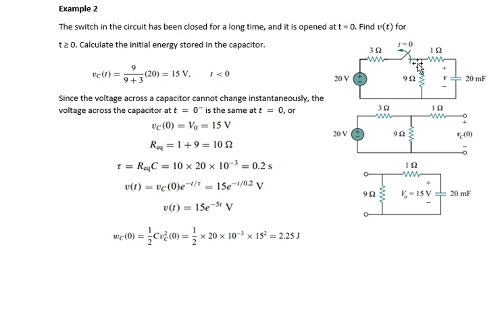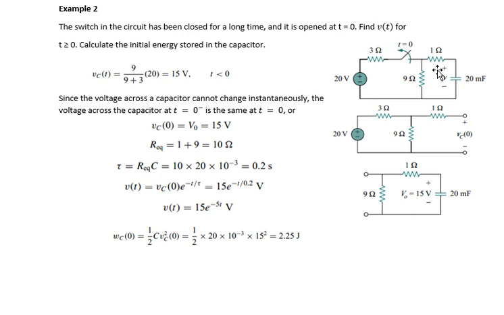This is while the source is still connected. So the voltage here is given by this voltage division: 9 ohm over 9 plus 3 ohm multiplied by the source voltage 20 volts. So that is the voltage across the capacitor when this switch here is closed at time t is equal to 0.